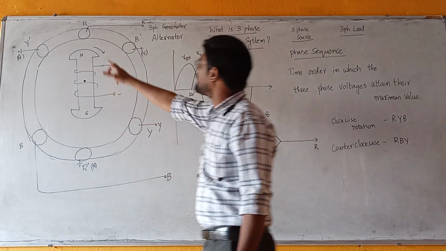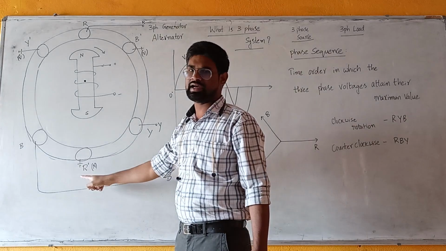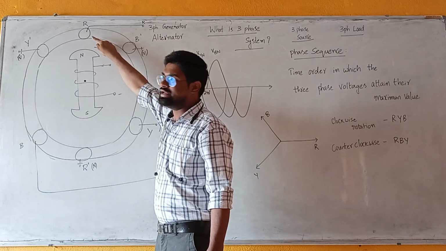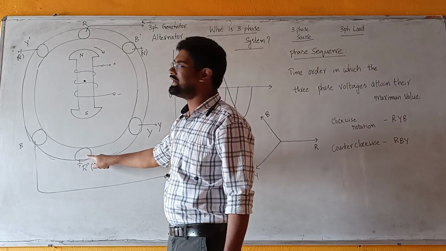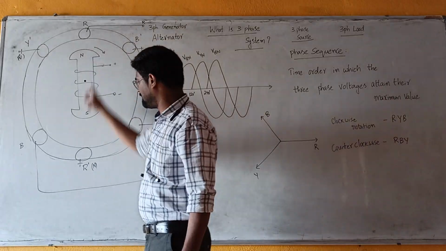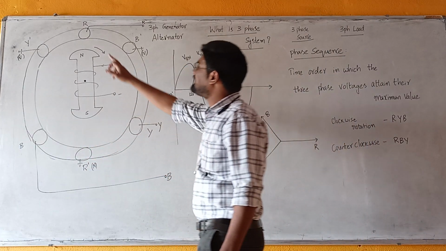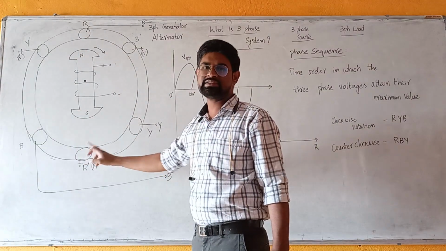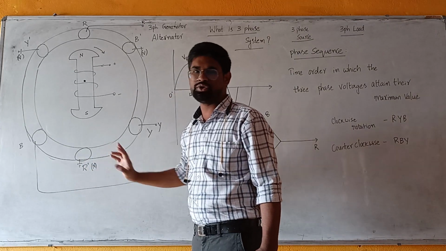Here, what does R dash mean? It is the first set of conductor. R is the starting terminal of conductor 1 and R dash is the finishing terminal of conductor 1. R dash means it is the first set of winding. The starting point of the winding is R, the ending point is R dash, and we connect the ending point to neutral.